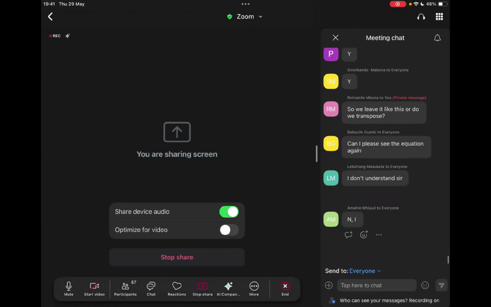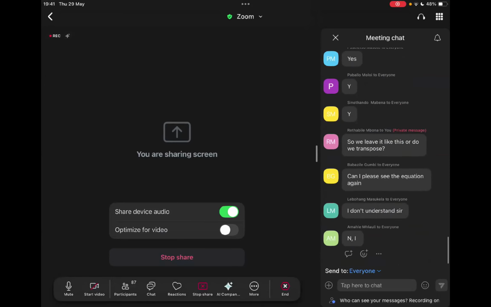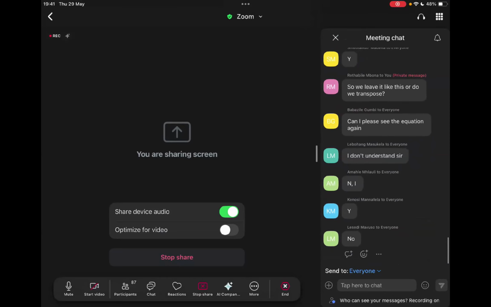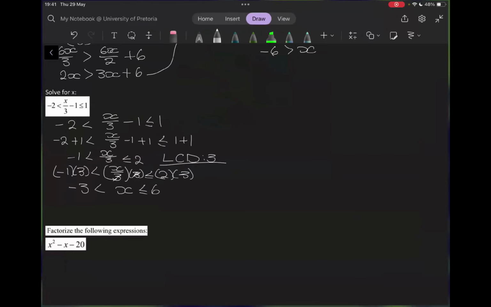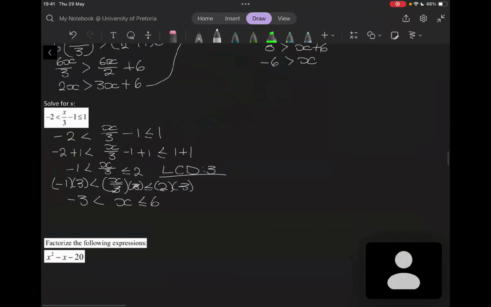Abazil is asking to see the question again. Go back. Okay, cool. Here is the question. We have to solve for x.